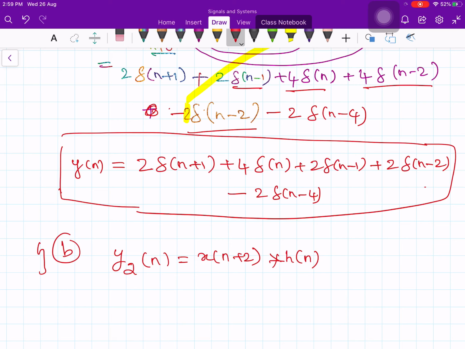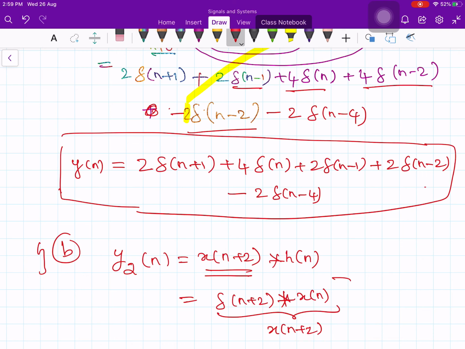Like x of n plus 2, I can write as del of n plus 2 convolved with x of n, and this is x of n plus 2. Please recall your property. Okay, convolved with h of n. Now use the associative property.